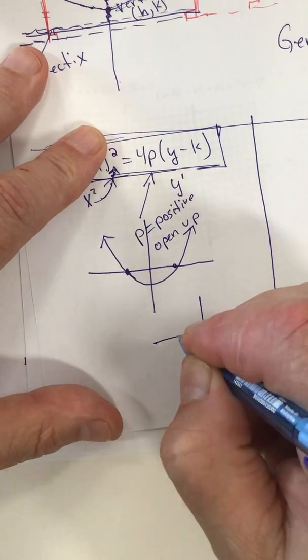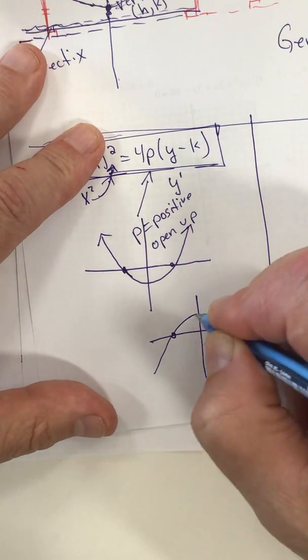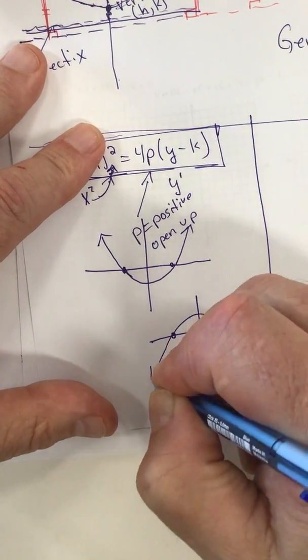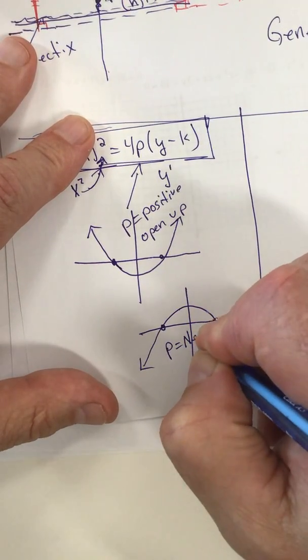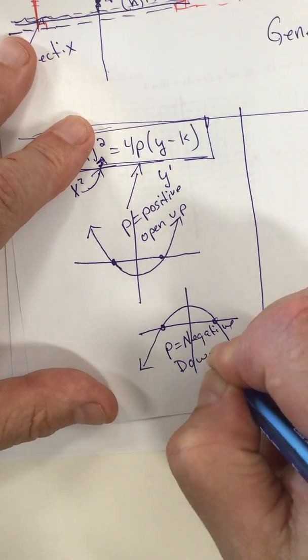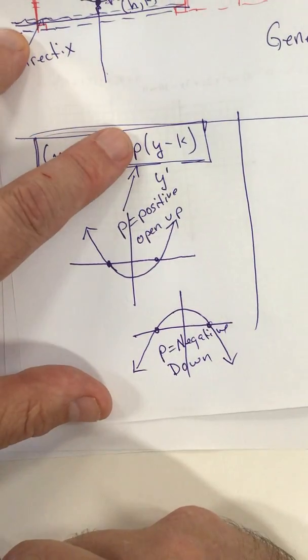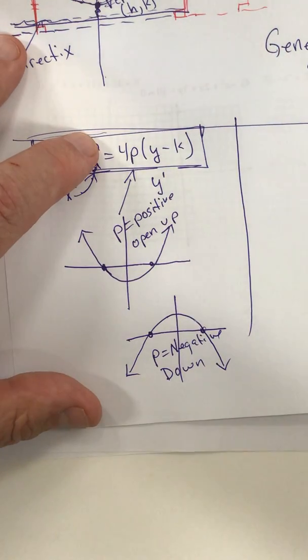If we have two x's and a y and the P is negative, then it opens down. So if the P is positive, up. If the P is negative, it's going to open down.